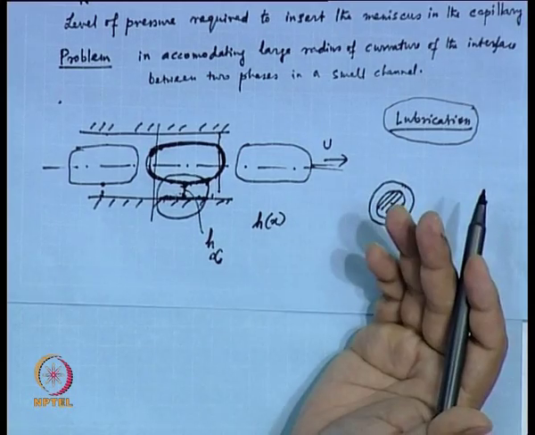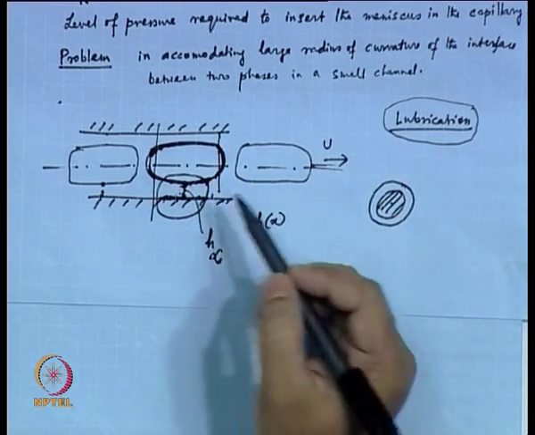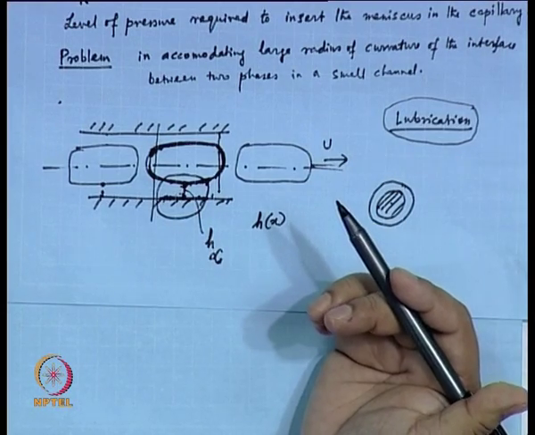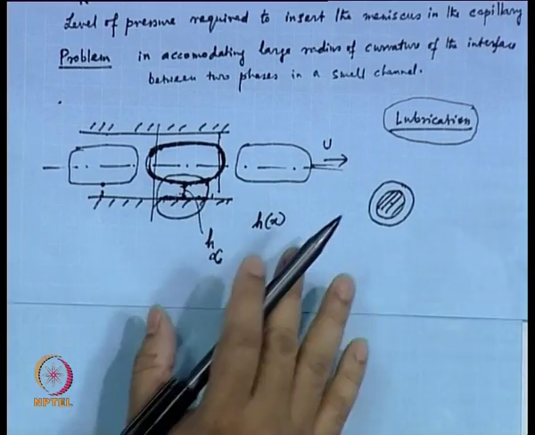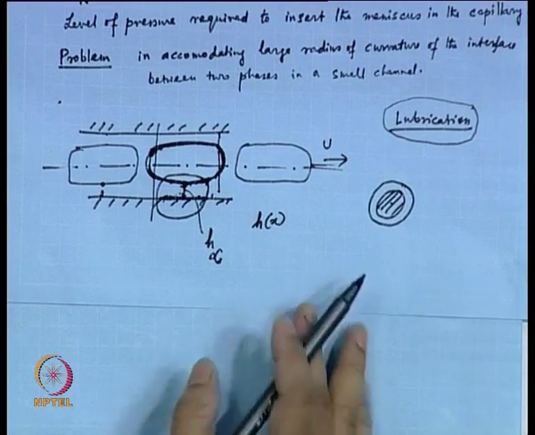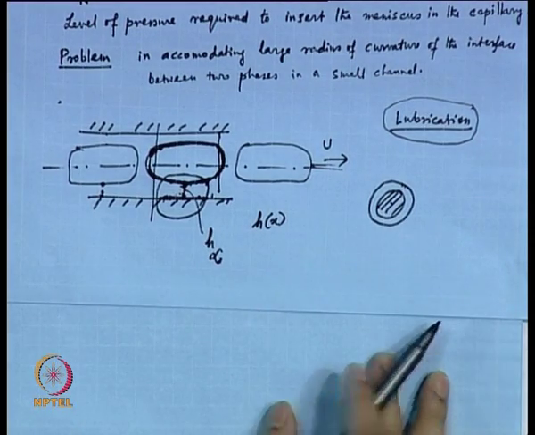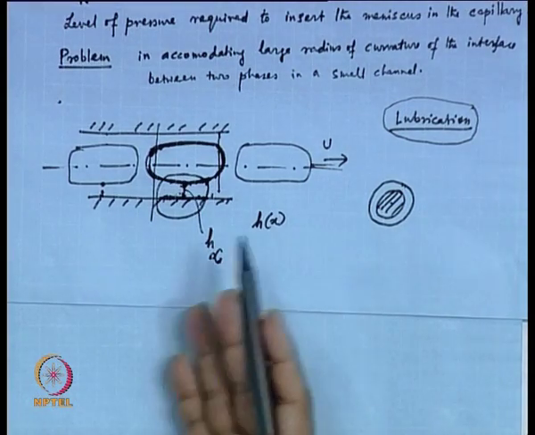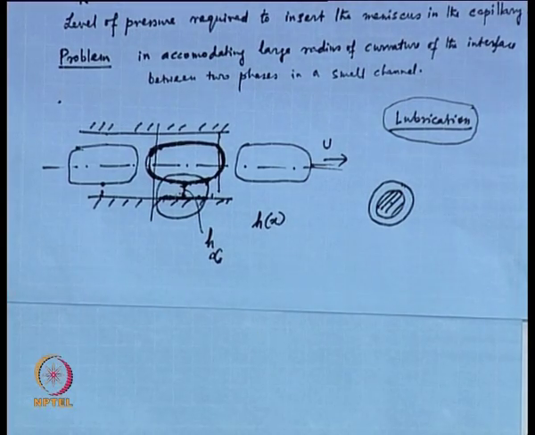So, there would be some imbalances coming up there. If you get into the complexity, of course, there will be complexity. If somebody wants to treat this as a black box, I just find out delta P empirically with the voidage and with the flow rate, I can do that. And if you want to get into the complexity, there are several such complexities possible.